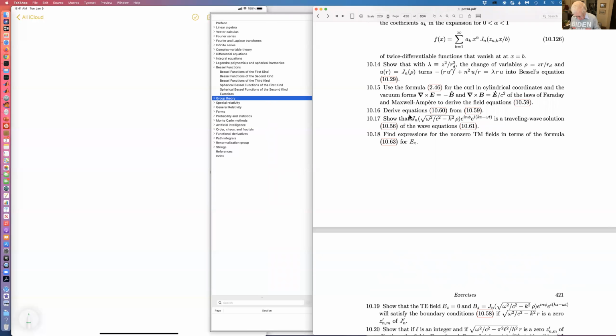Okay, 1063 gives us the Z component of the electric field for the TM modes. And what we're talking about here is a cylindrical waveguide. This is the case where it's not coaxial, it's just a simple evacuated metal cylinder.